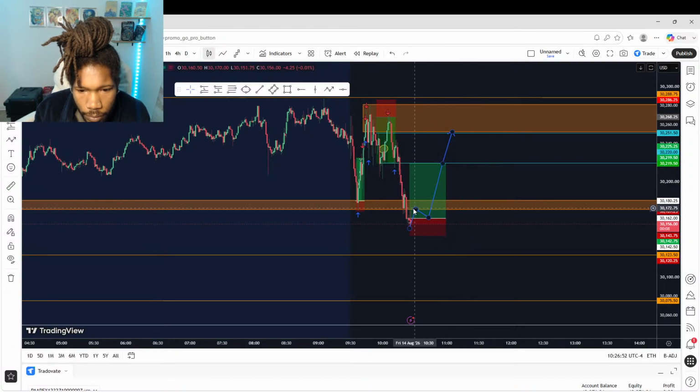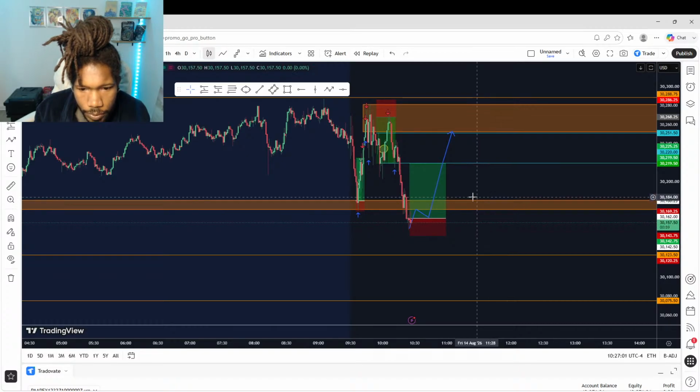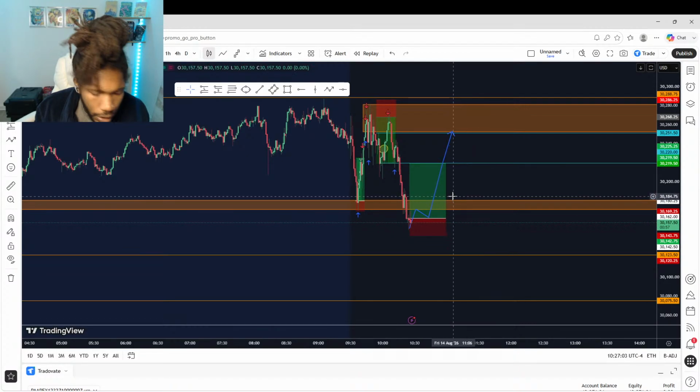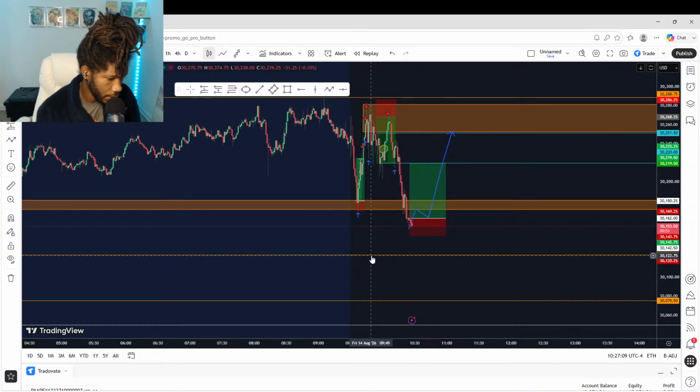But we need price to break above with a close candle, and then retrace, and then get a strong push to the upside and a break and close above this level. So just gotta be patient and watching the market. In the meantime, scheme time. There goes a nice push to the upside.